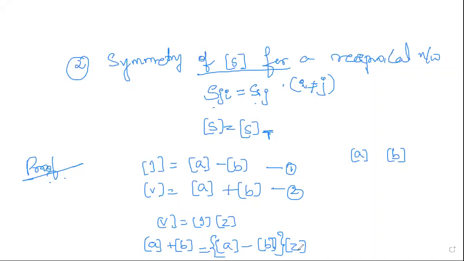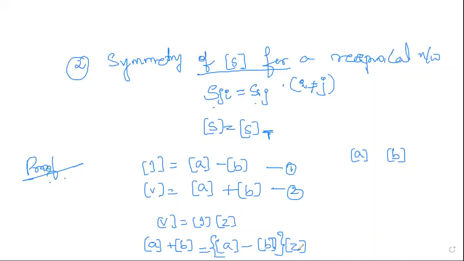First write down the property, the symmetry of the S matrix for a reciprocal network. Write Sij is equal to Sji, where i is not equal to j, or in terms of matrix, S is equal to the transpose of S. To prove that, you consider the steady state voltage and current at the ith port.